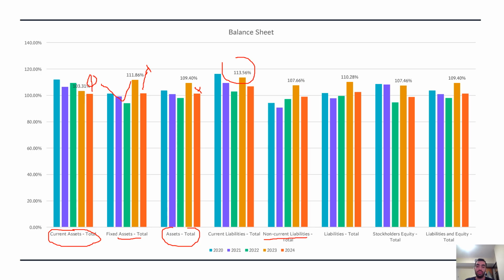Overall, total liabilities grew, driven by an increase in current liabilities and fluctuations in non-current ones. So this is all about the total liabilities of CVS.